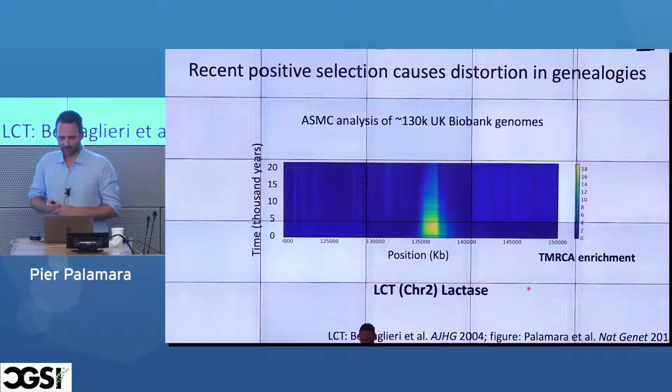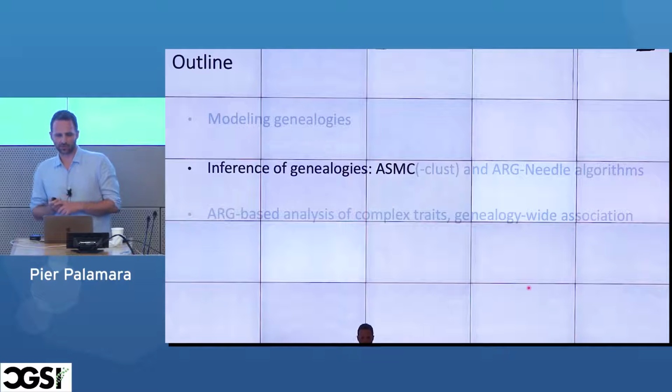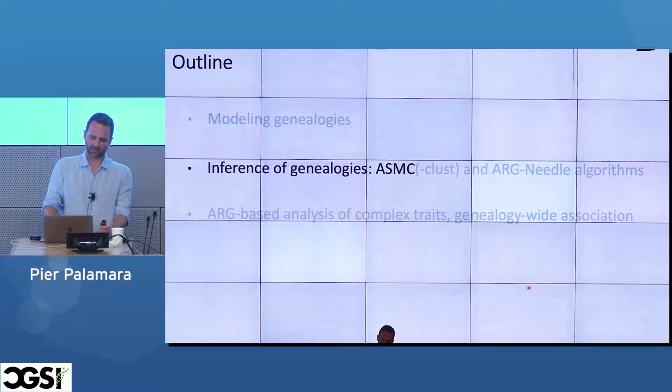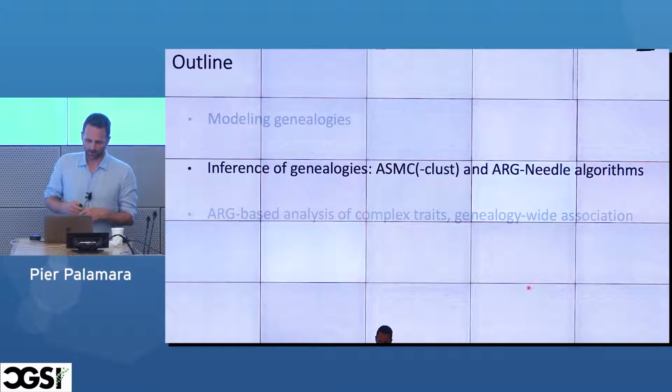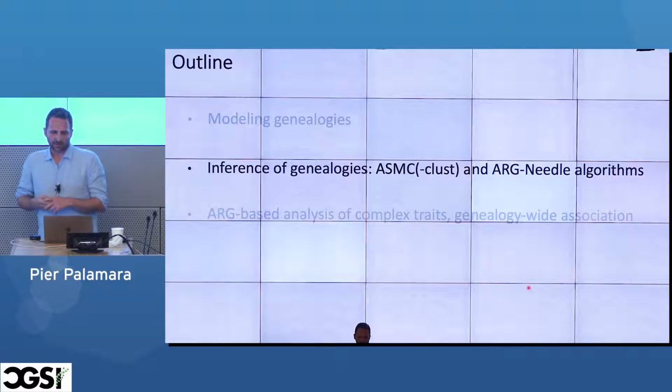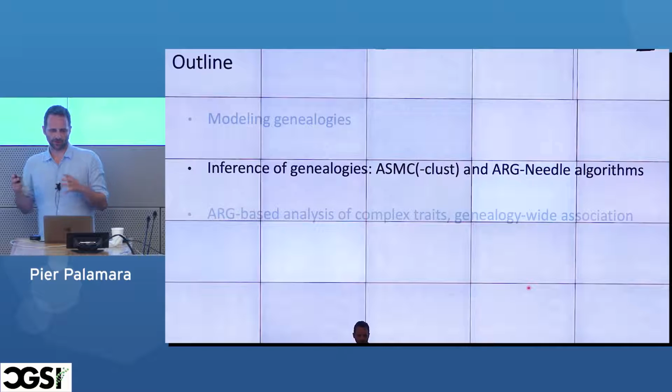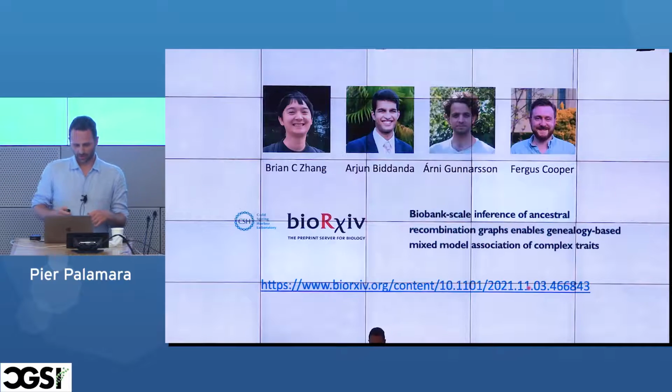Okay, just a quick example about selection, but moving on to going from pairwise ARGs to the full ARG. We have a tool that gives us the ARG for 2 genomes, and we want to get the ARG for the whole sample. These are the extensions we're building to use the ASMC-type analysis for a more complete genealogy.